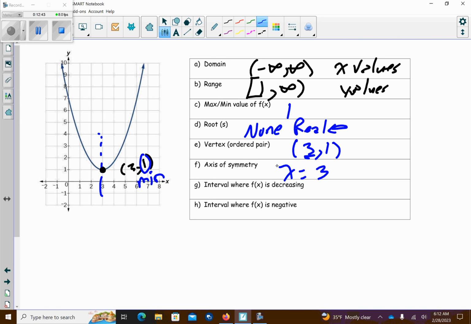The interval that it's decreasing, so decreasing means it's coming down. Okay, so it's coming from negative infinity up until the point 3. And they're round brackets because right at the vertex, it's not decreasing. In the interval where it's negative, it's not below, so not below x-axis. So it's not negative anywhere on this graph.